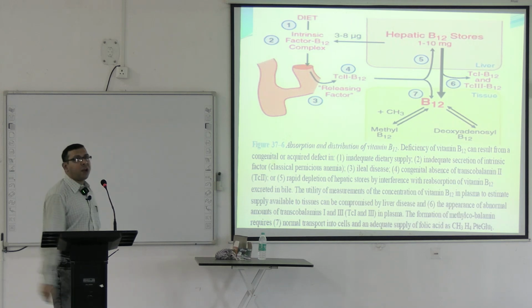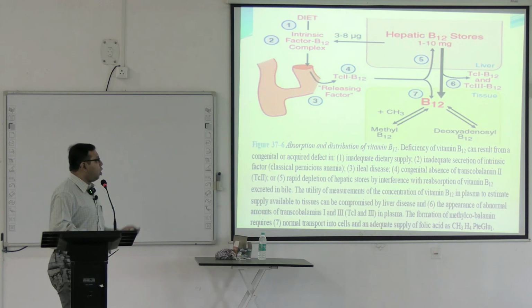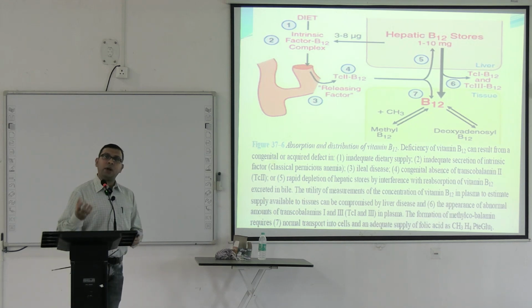It attaches with transcobalamin 1 or 2, most commonly 2. If there is congenital absence of transcobalamin 2, that may happen in some patients, and in those cases also deficiency may happen. Then vitamin B12 is most commonly stored in the liver.